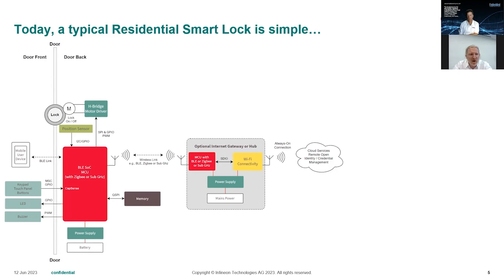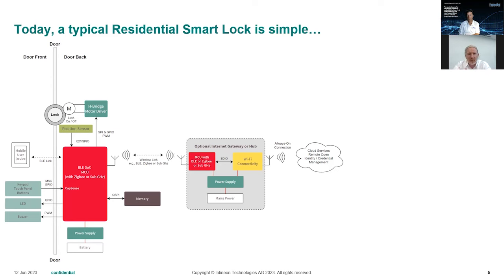Oftentimes in a residential smart lock, on the front you might have some keypad or some buttons or some LEDs or some buzzers so the human can interact with the lock in some cases. And typically, of course, the mobile phone is the main virtual key. And then on the door back, on the inside of the door, that's typically where you have all the electronics, because it's safe. It's on the safe side of the door.